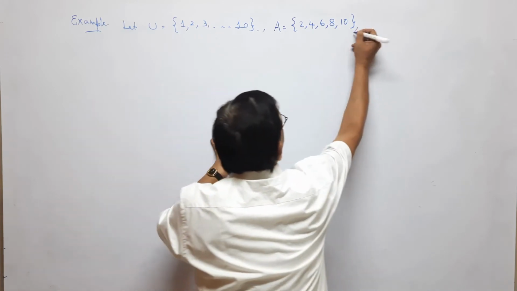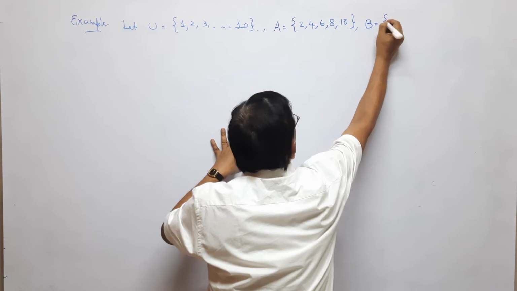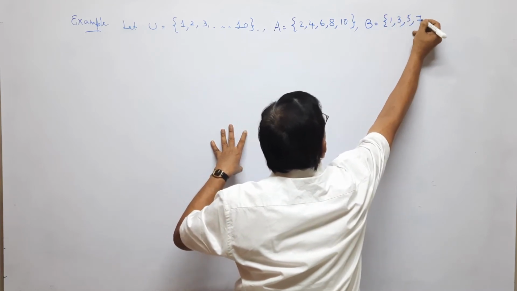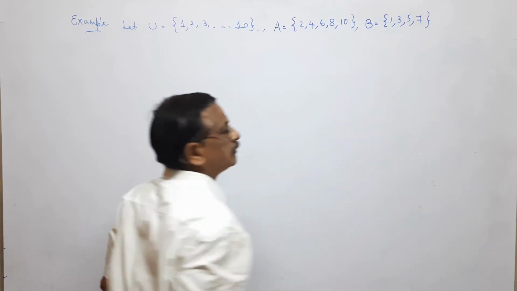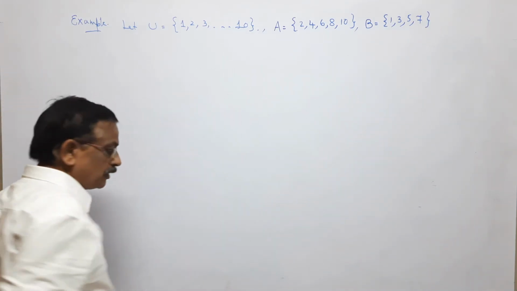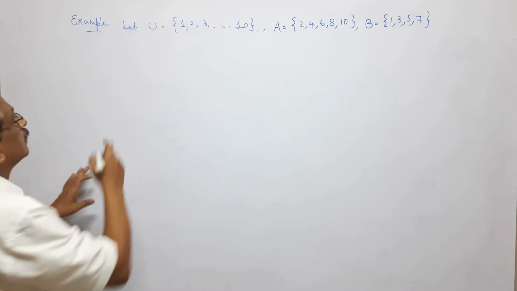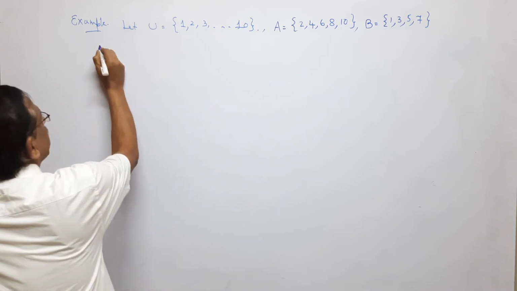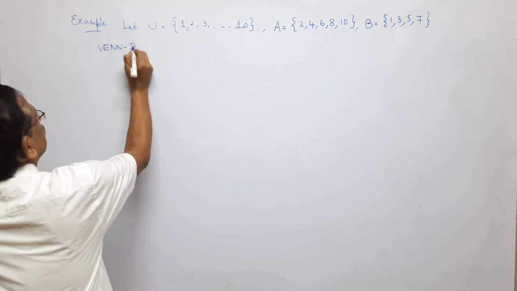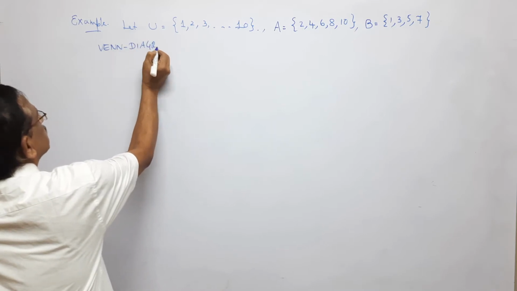Now I'll take B equal to 1, 3, 5, 7. Let us see only this. Let us draw the Venn diagram for this.